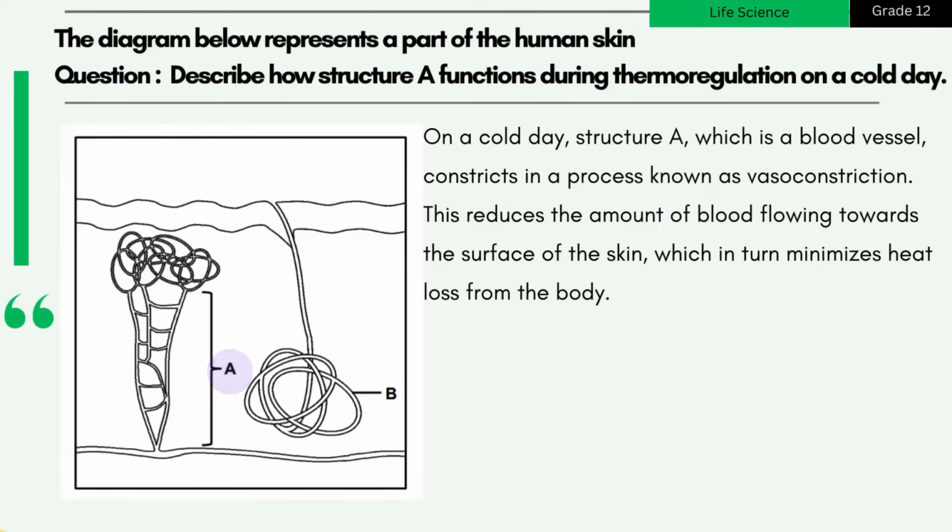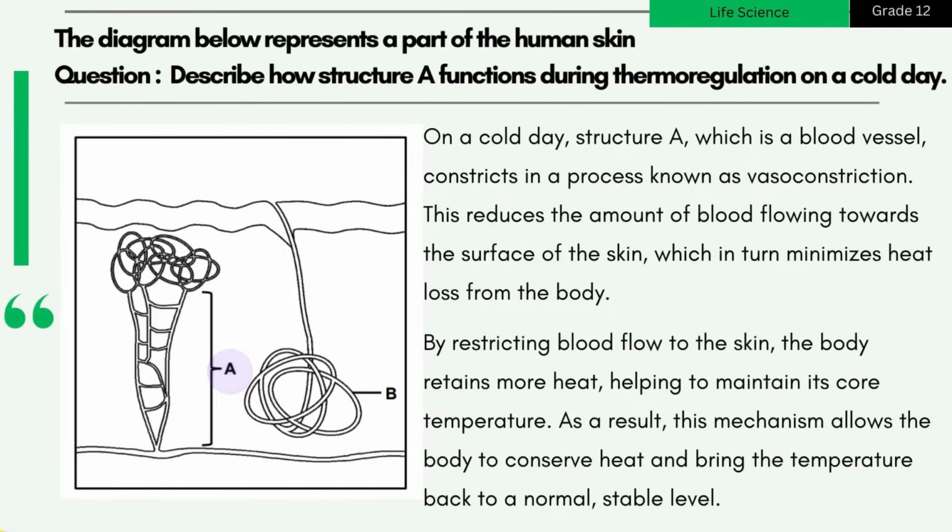On a cold day, structure A, which is a blood vessel, constricts in a process known as vasoconstriction. This reduces the amount of blood flowing towards the surface of the skin, which in turn minimizes heat loss from the body. By restricting blood flow to the skin, the body retains more heat, helping to maintain its core temperature.